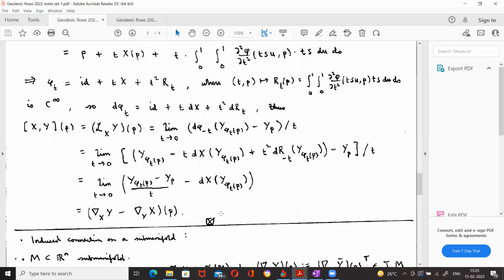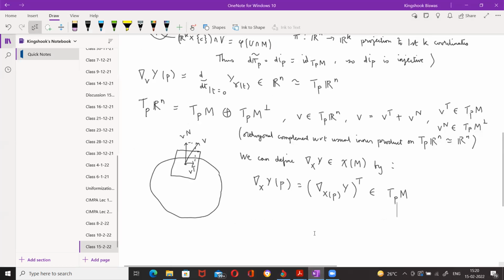Okay, so now we have again 1 minute left. So I'll just say what I'll do in the next 40 minutes after this meeting ends. We've defined a covariant derivative for a submanifold of Rn.